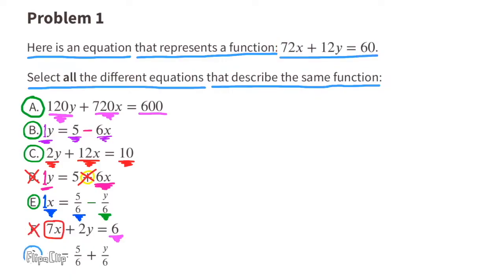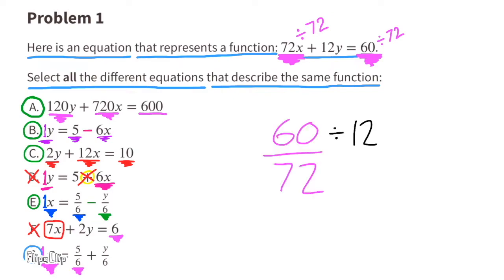G. 1x equals 5 over 6 plus y over 6. 72x in the original equation divided by 72 equals 1x. Let's divide 60 by 72. 60 over 72 represents 60 divided by 72. 12 goes into 60 evenly and 12 goes into 72 evenly. 60 divided by 12 is 5 and 72 divided by 12 is 6. 60 divided by 72 is equivalent to 5 over 6.